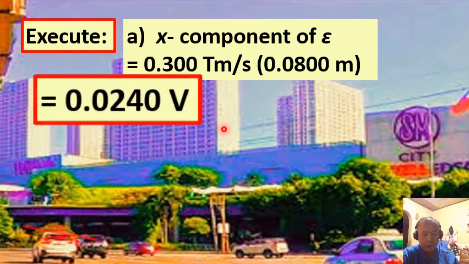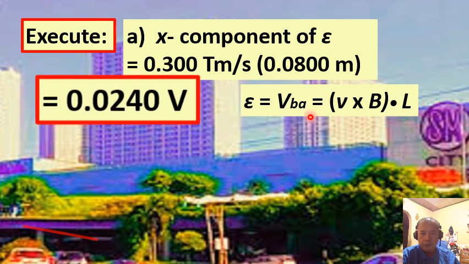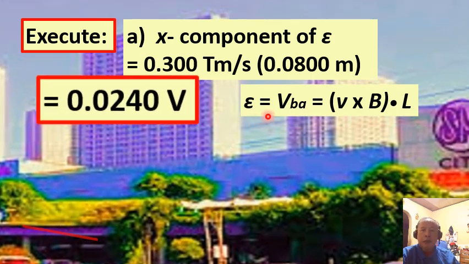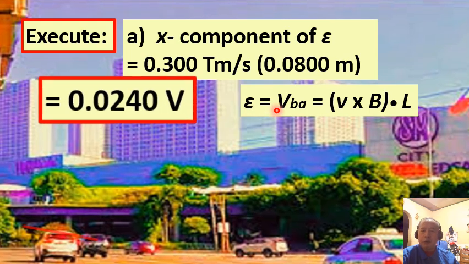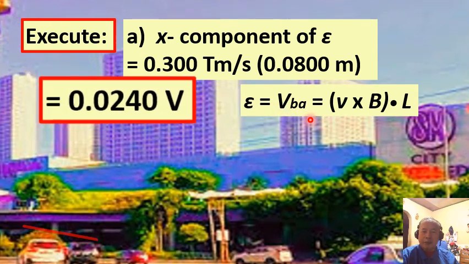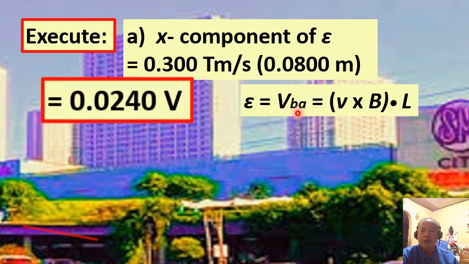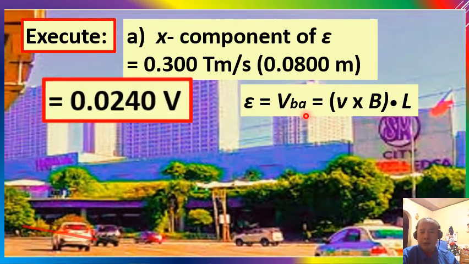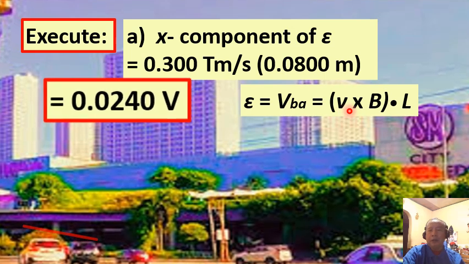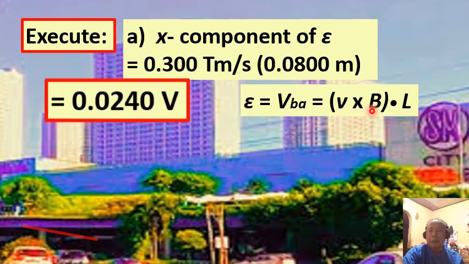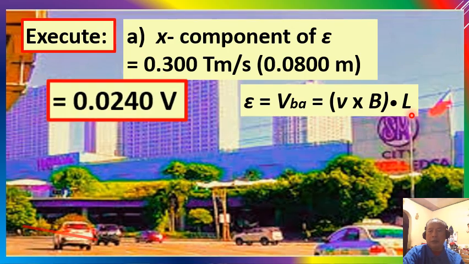So this computed value of the motional electromotive force, or epsilon, is just the same as the potential difference, capital V sub BA, where point B is considered at a higher potential compared to point A. And that is equal to the cross product of the velocity vector V and the magnetic field vector capital B, multiplied by the length of the rod.